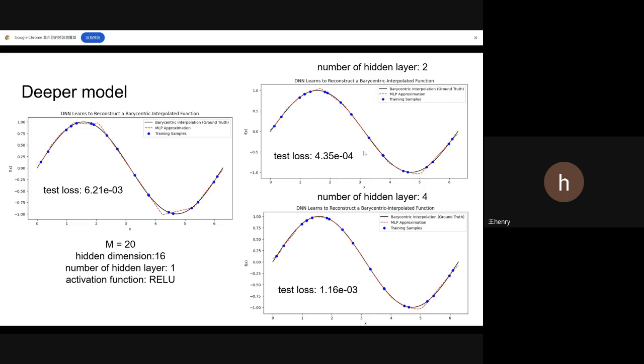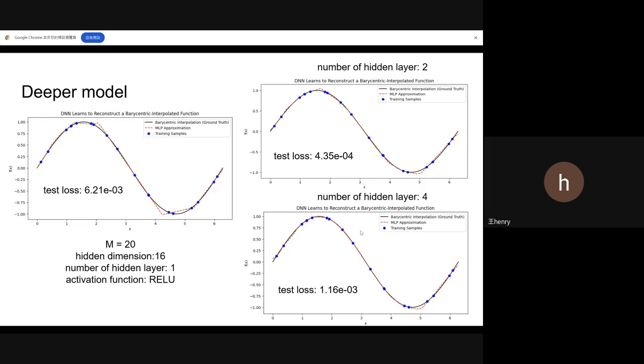Okay, and we increase the number of hidden layers to 2 and 4 respectively. We can see that the test loss values of these two cases are lower than the original one. However, the test loss value here is a little bit higher than the two hidden layer model, and we conclude that this phenomenon is due to an overfitting issue.